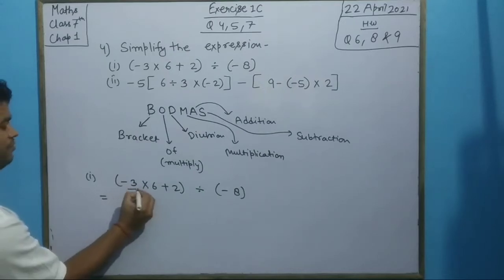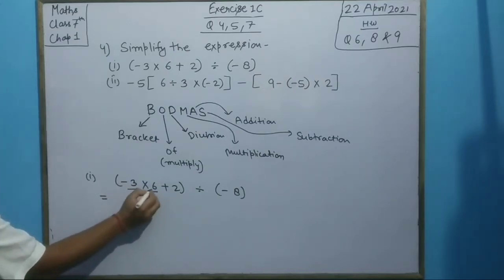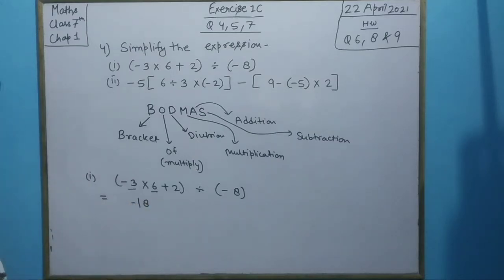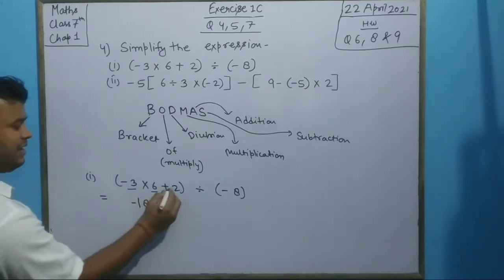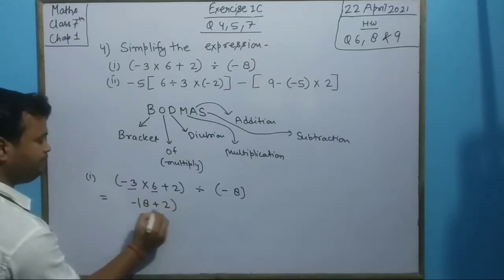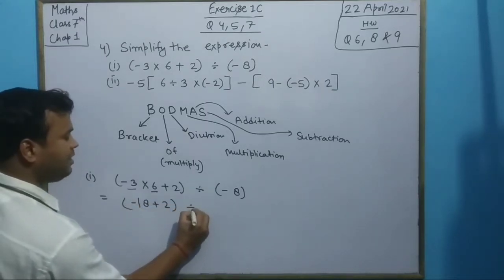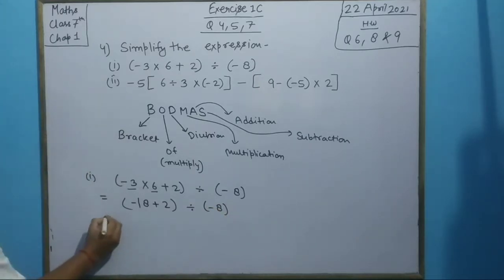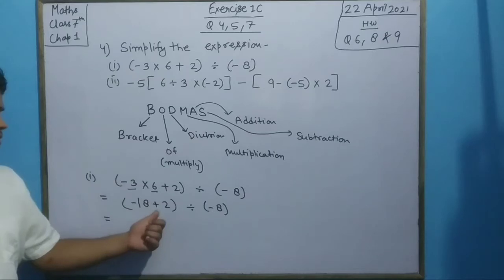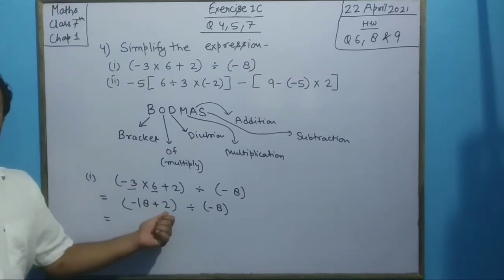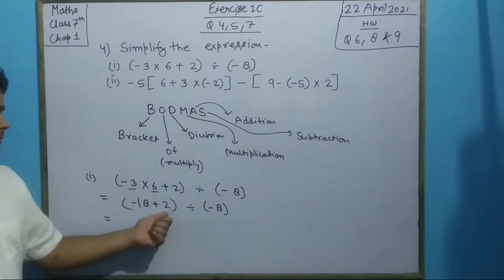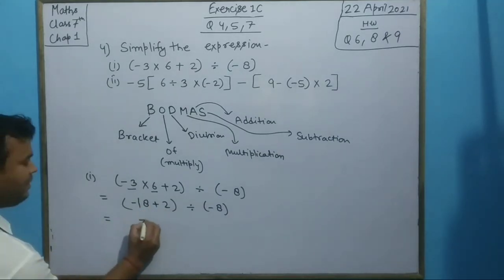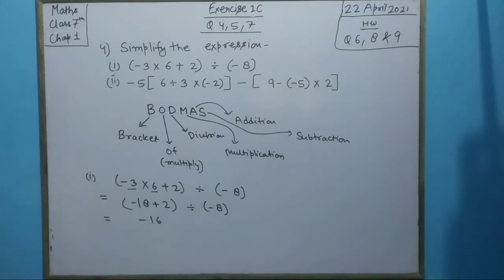What are the two numbers to be multiplied? That is minus 3 into 6. 6 into 3 is 18 with a minus sign. Now it is plus 2, so in this bracket it is minus 18 plus 2, which will be minus 16.